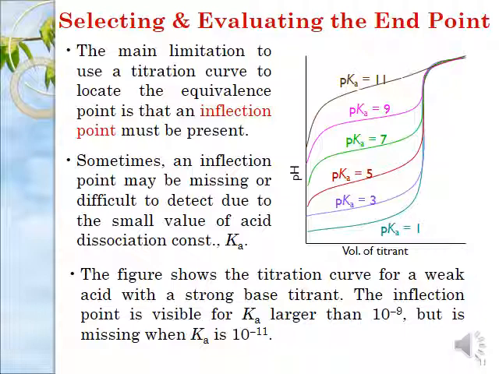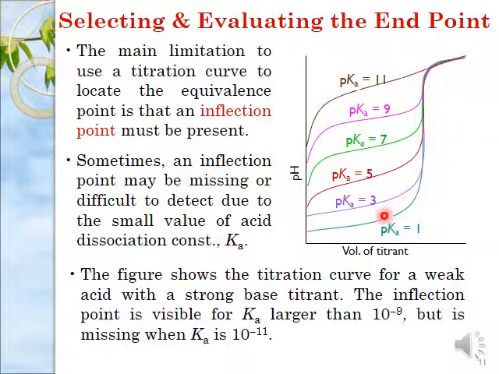Now, the important point in acid-base titration is the inflection point, but there is a limitation in locating it. There are cases where the inflection point is missing or difficult to detect because of a very small acid dissociation constant Ka. If you see this graph, for pKa1 you can still see the inflection point.